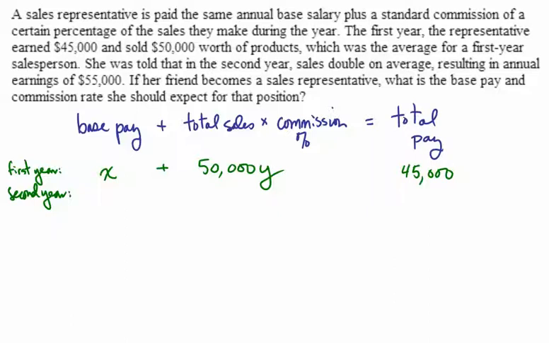So what does that mean? Instead of selling $50,000, she should expect to sell $100,000 worth of products. We still don't know what the commission is, and we still don't know what the base pay is. But we're told that she could expect annual earnings of $55,000 at that point.